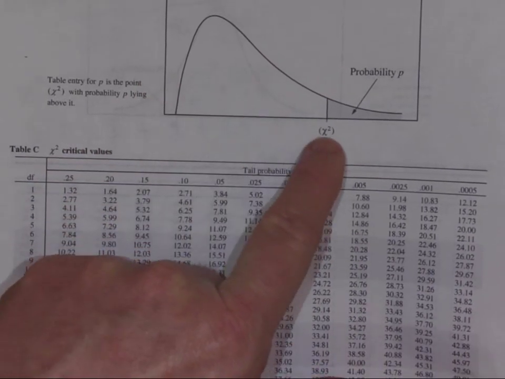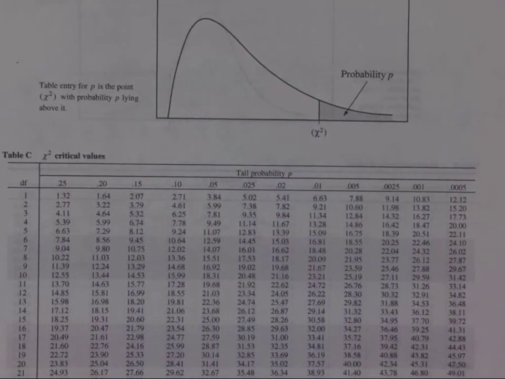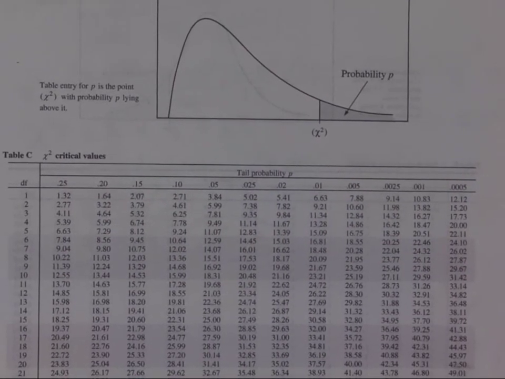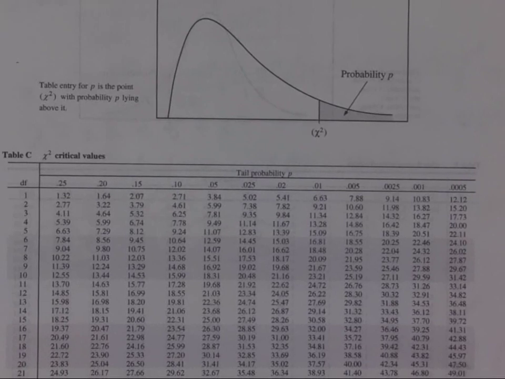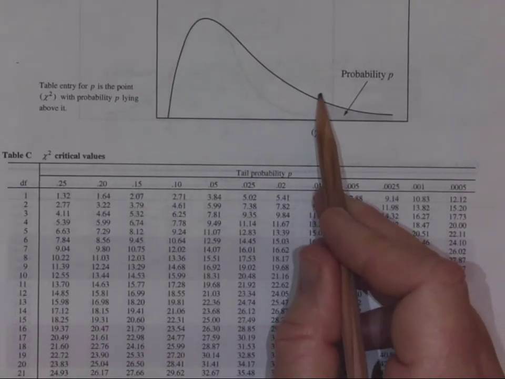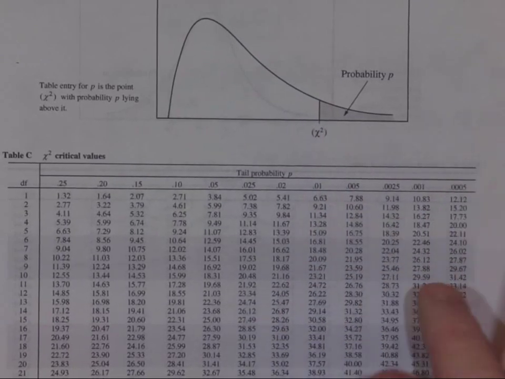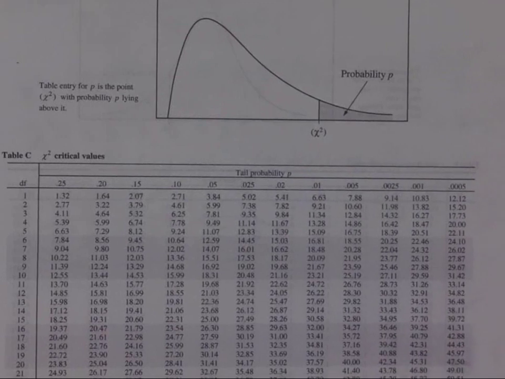It's a very right-skewed distribution. Because it is squared, a chi-squared value is always positive, unlike Z and T, where half of them are negative. So your p-value is always the probability of that or more unusual, always to the right of your value, always a greater than.